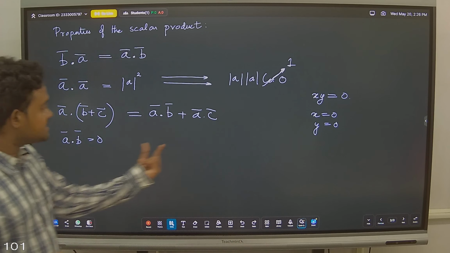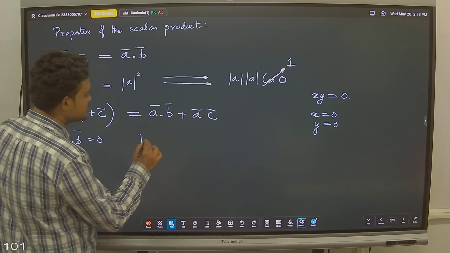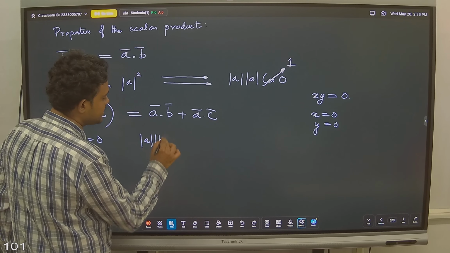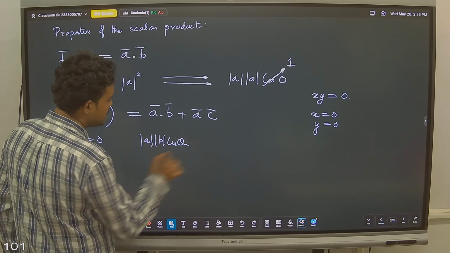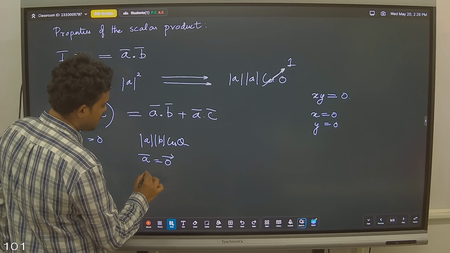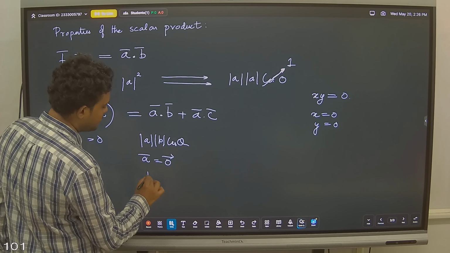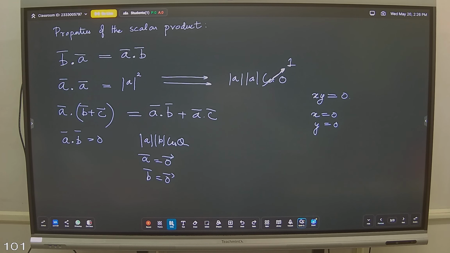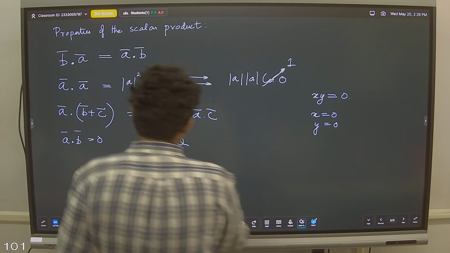So the same condition applies here. A dot B is mod A mod B cos theta, right? Either A is a null vector or B is a null vector. But there is one more condition. Or theta is equal to pi by 2.